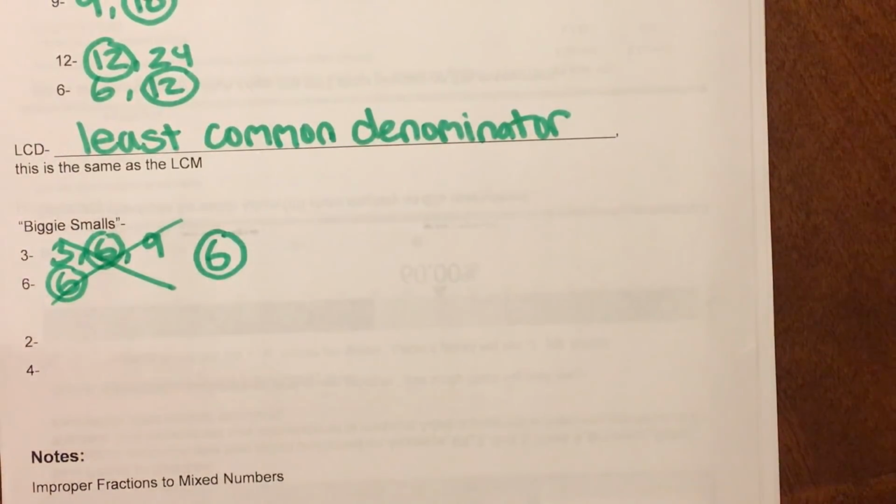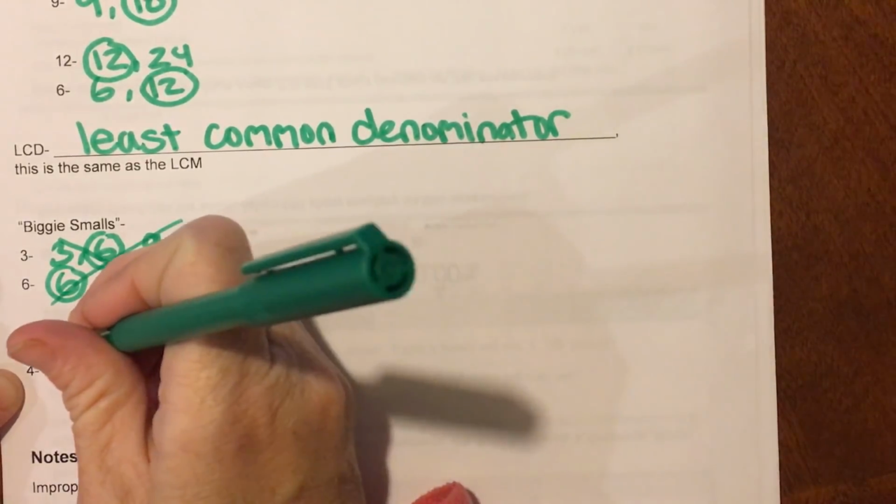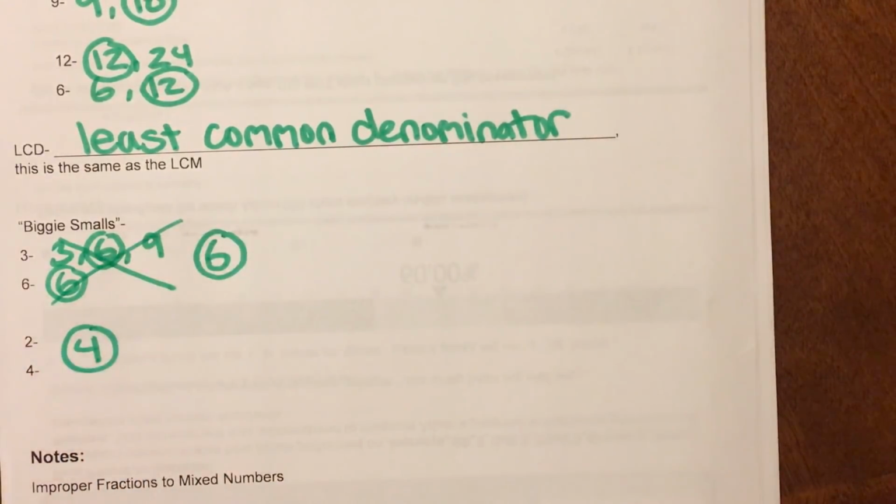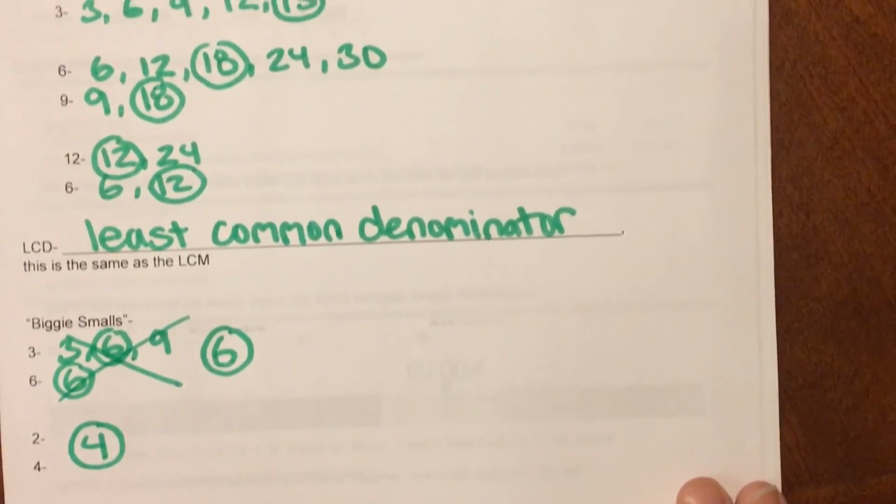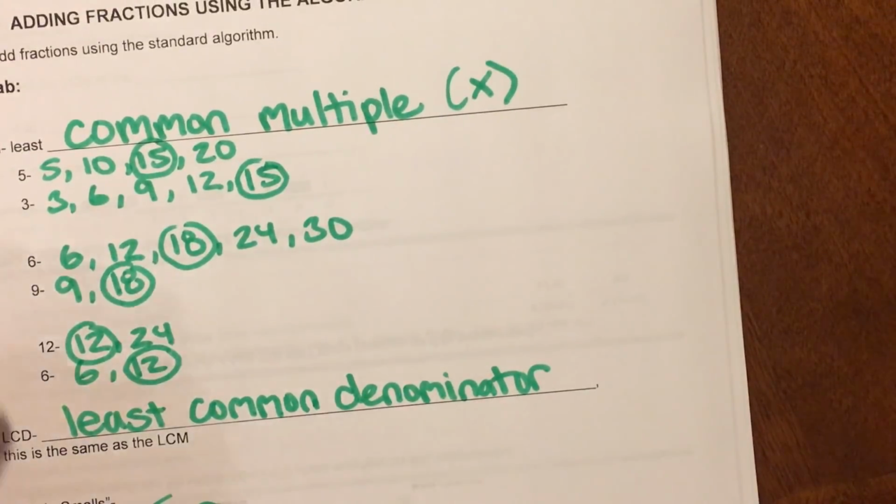The same with 2 and 4. Because 2 fits perfectly into 4, I know the LCM is going to be 4. That's a nice shortcut. So notice up here where we did all the work, 3 doesn't fit into 5, so 5 is not my LCM. 6 doesn't fit perfectly into 9, so 9 wasn't my LCM.